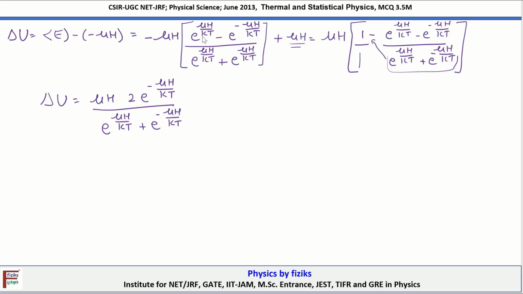This is in principle equal to mu h exponential minus mu h by kT divided by cosh of mu h by kT.